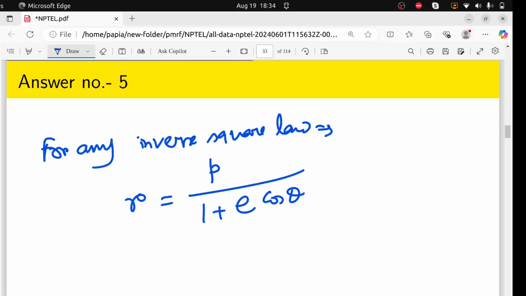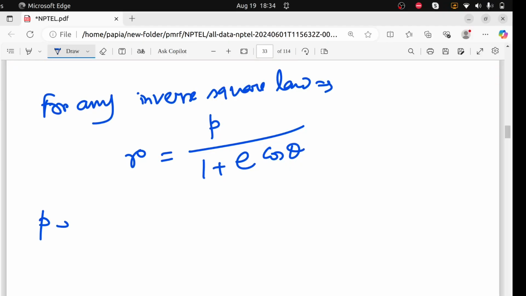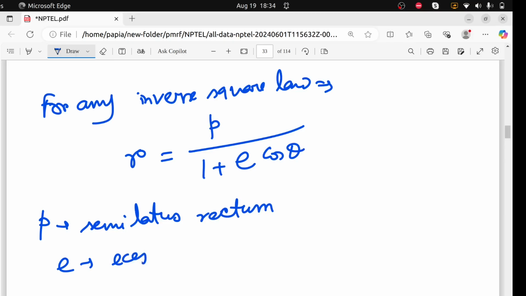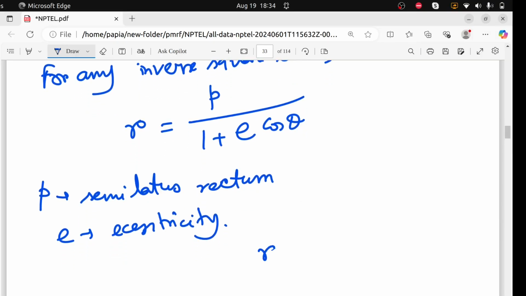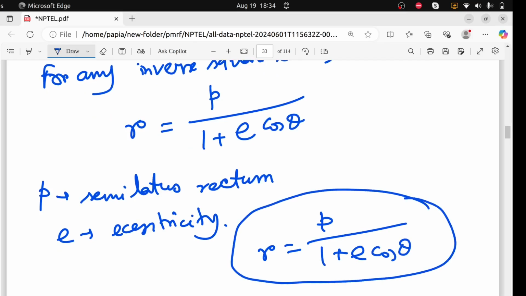The derivation was already given by sir, so I am not going to derive all the calculations of this expression, but we can see here that p is the semi latus rectum and e is the eccentricity. So this is nothing but r equals p by 1 plus e cos theta. This is nothing but a conic equation.